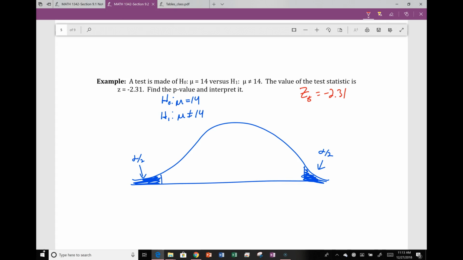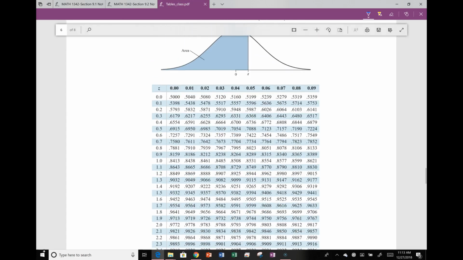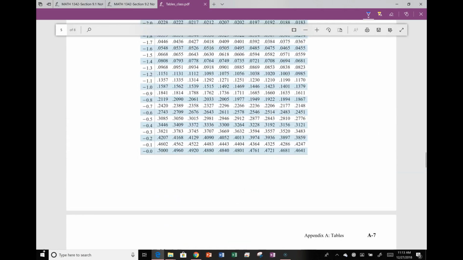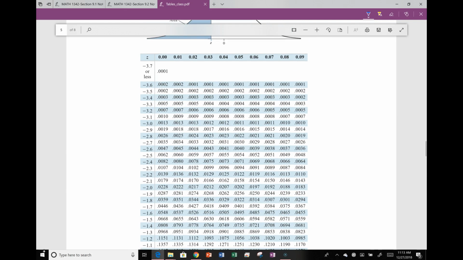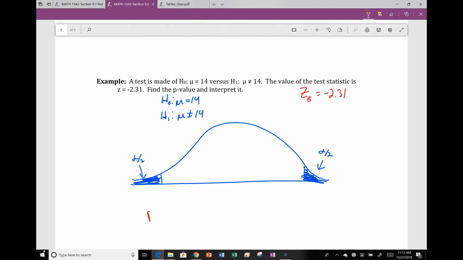So what we do is we look up a negative 2.31, which would be a 0.0104. So our p-value is actually equal to 0.0104 times 2, because we've got it on this side and we've got it on this side.